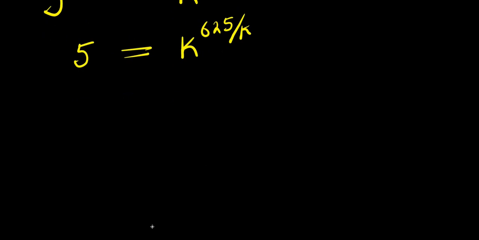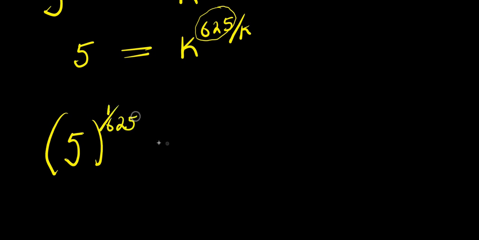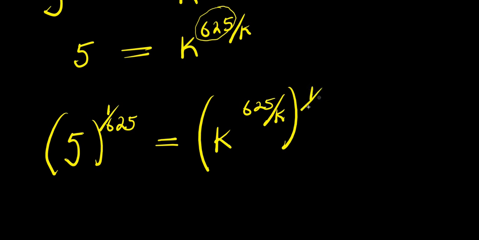So what we are going to do again will be to eliminate 6/5 from here. To achieve that, we multiply this exponent by 1/(6/5). We have 5 to the power of 1/(6/5) equals (k^(6/5) divided by k) to the power of 1/(6/5).